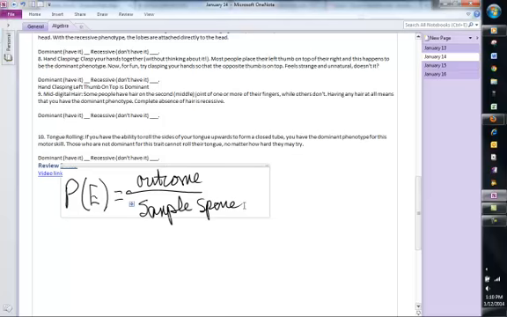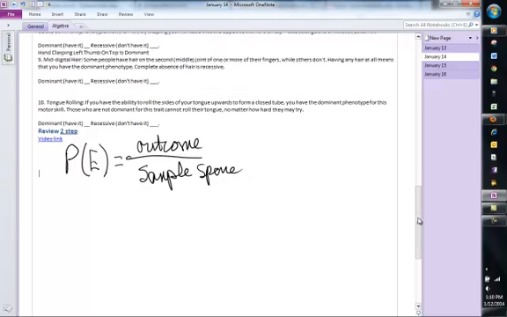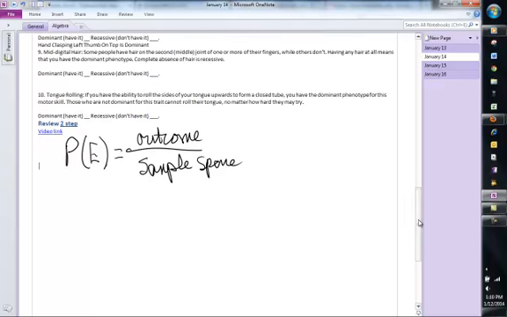Theoretical probability is like what we were doing with figuring out who's coming out the door from the gymnasium.